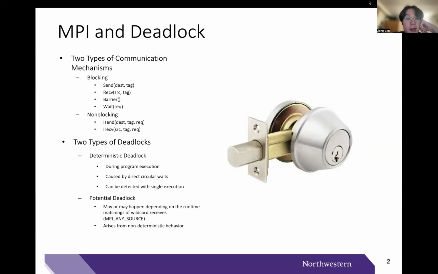From different combinations of blocking communication APIs, we can get two types of deadlocks, the deterministic deadlock and potential deadlock. The deterministic deadlock is caused by direct circular waits during program execution, and it can be detected with a single execution of the MPI program.